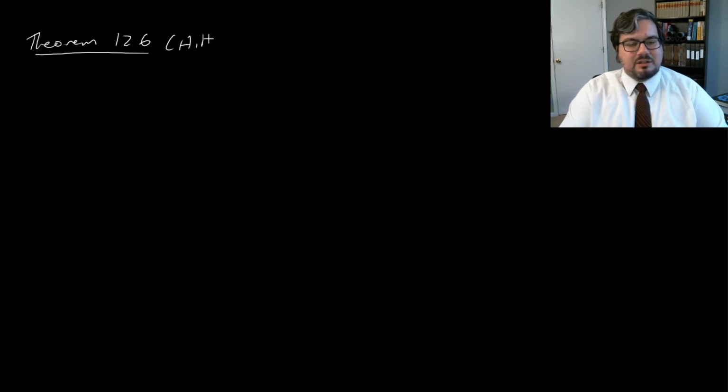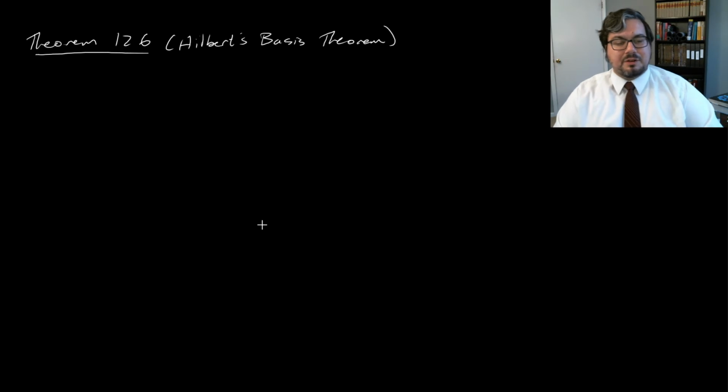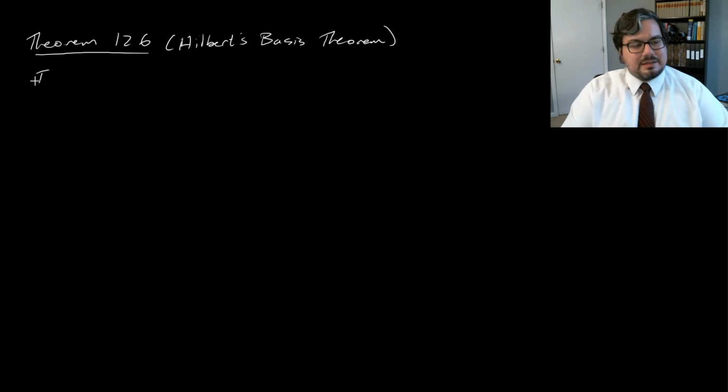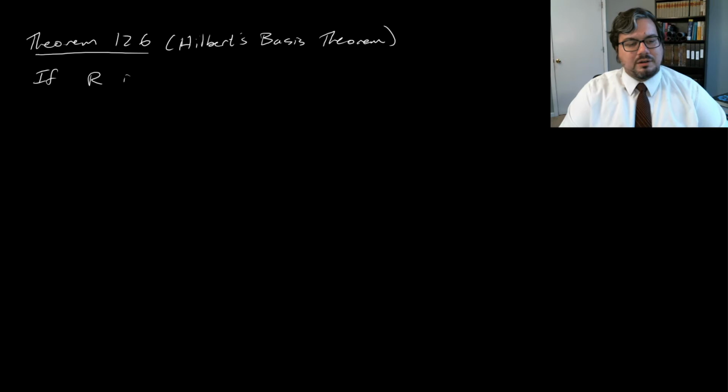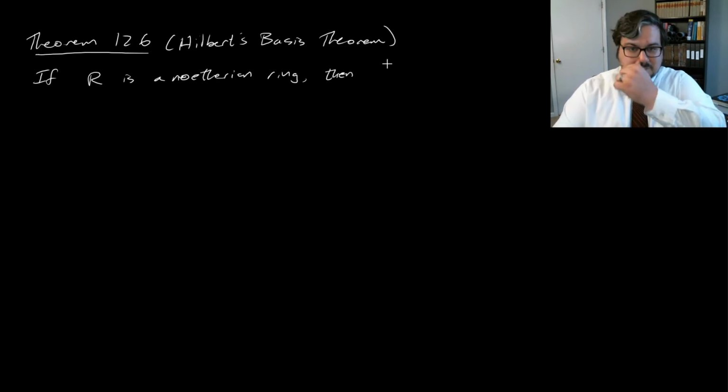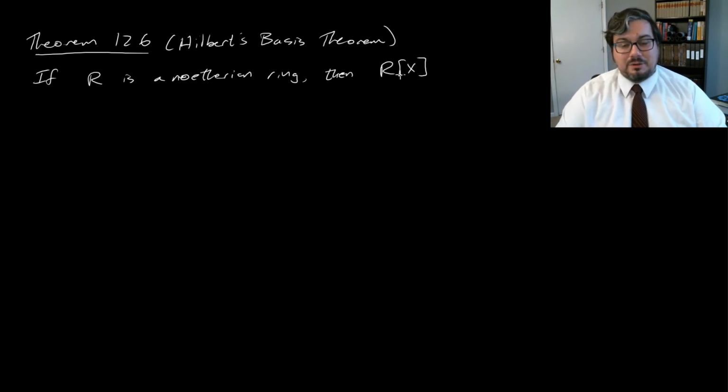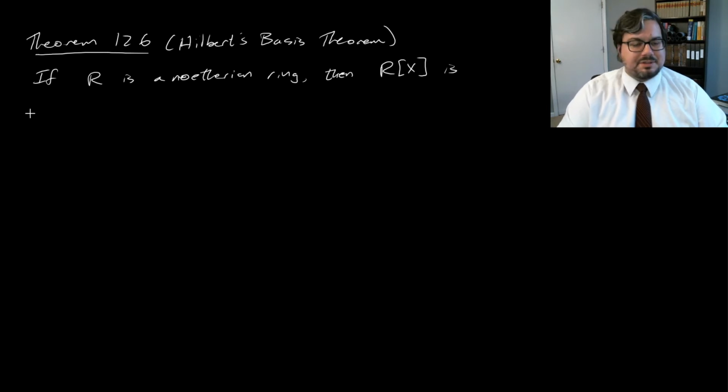This is known as Hilbert's basis theorem. It is one of the greatest results from about the turn of the 20th century. And it says that if R is a Noetherian ring, then the ring R[x], the polynomial ring in one variable over R, is Noetherian.